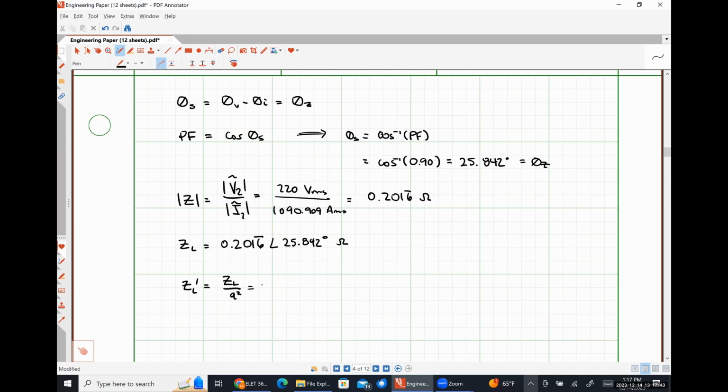We could do I2 over I1, or no, I2 over I1 wouldn't be A. I1 over I2 is A, or V1 over V2 is A. Yes. So this will be ZL times the magnitude of V2 squared. No, I'm sorry, V1 squared. I'm messing myself up here now.